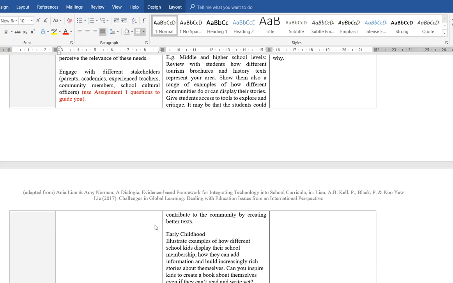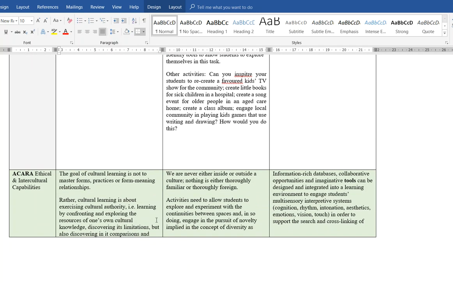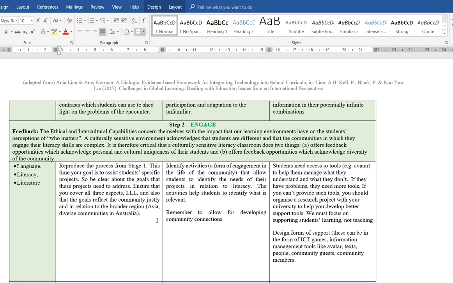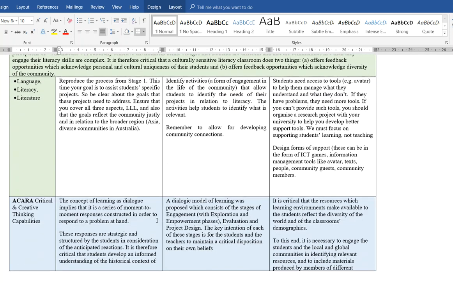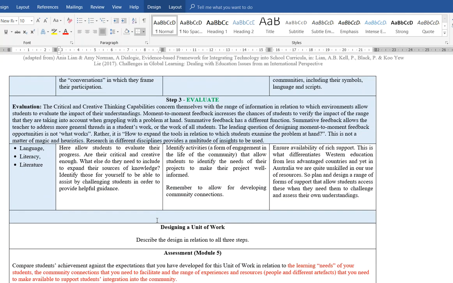Engagement, it is following a plan that they will devise at the end of the inspiration step. So they follow the plan. And then evaluation, you evaluate with them how well they have actually addressed the objectives that they have identified in the inspiration phase, which is stage 1, right?